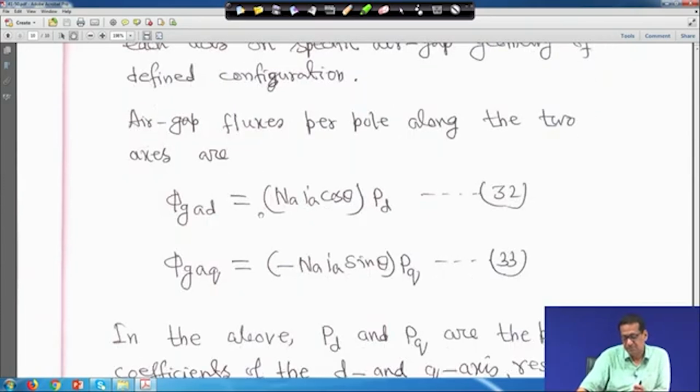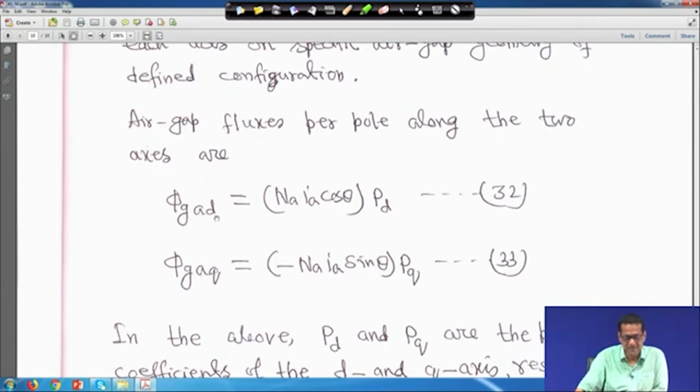It is actually a synchronous machine; as we go through it, we will make certain assumptions and try to represent things as simply as possible.